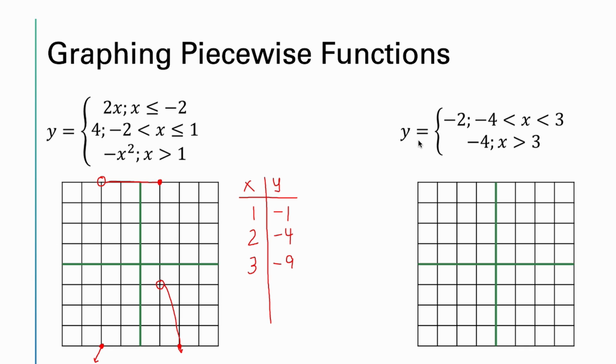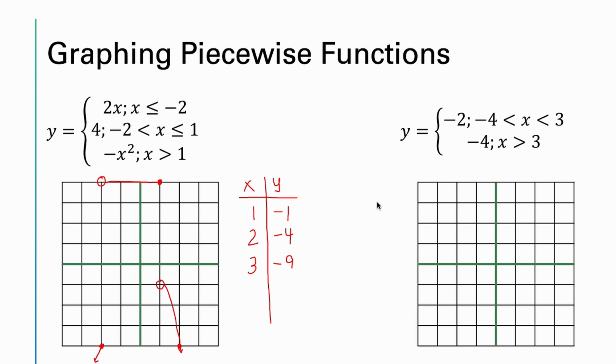Y is equal to -2 if -4 is less than x is less than 3, and y is equal to -4 if x is greater than 3. Okay, this is a lot simpler than that one, which had some confusing stuff like quadratics.